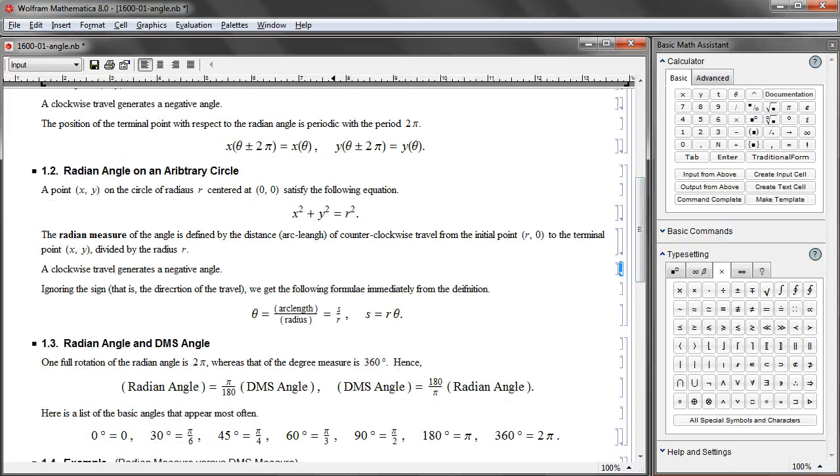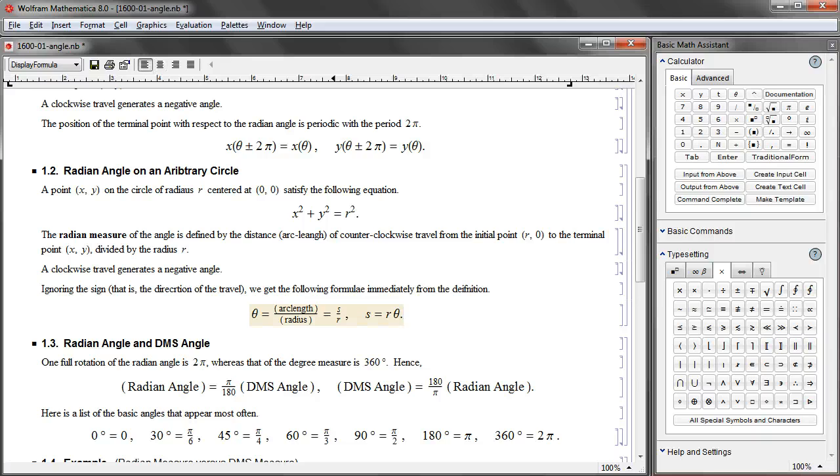In the end, what do we get? Arc length over radius is the way we define angle. And the arc length actually has a sign, positive direction and negative direction. Counterclockwise we have positive, clockwise we have negative. So theta is s over r, and s is r times theta if you manipulate algebraically.